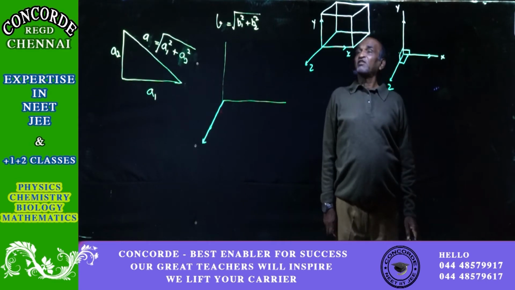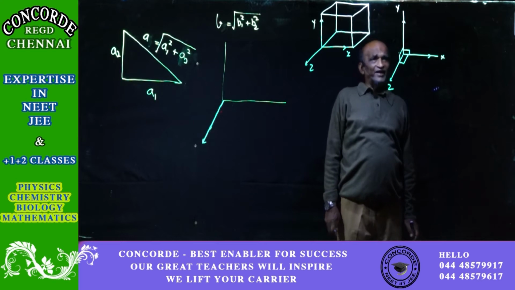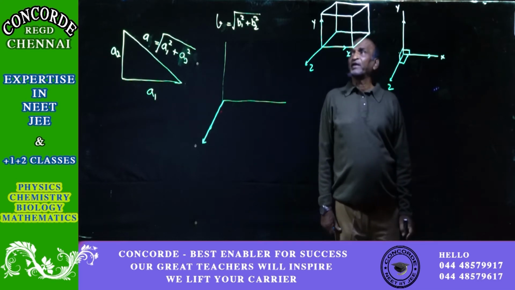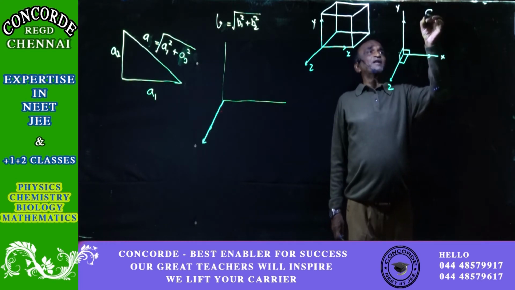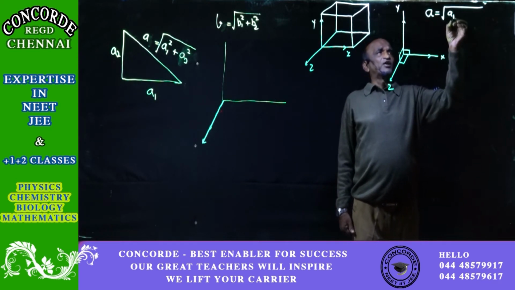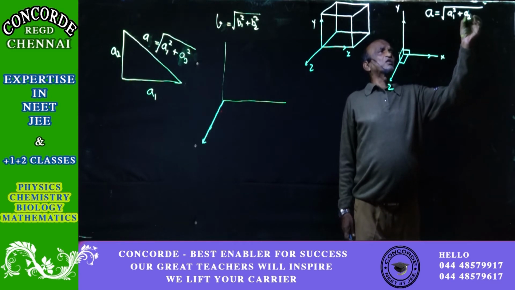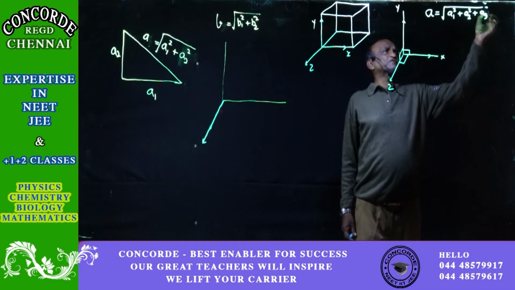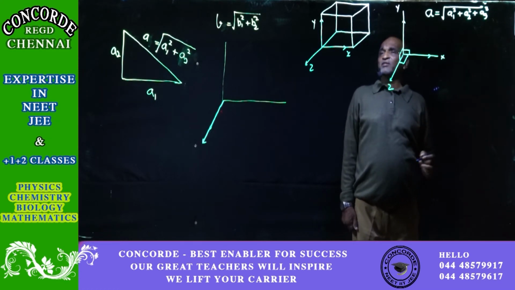So now we will not just have only A1 and A2. It is going to be the result A equal to the square root of A1 for the x-axis plus A2 along the y-axis, then along the z-axis A3. So this is going to be the result.